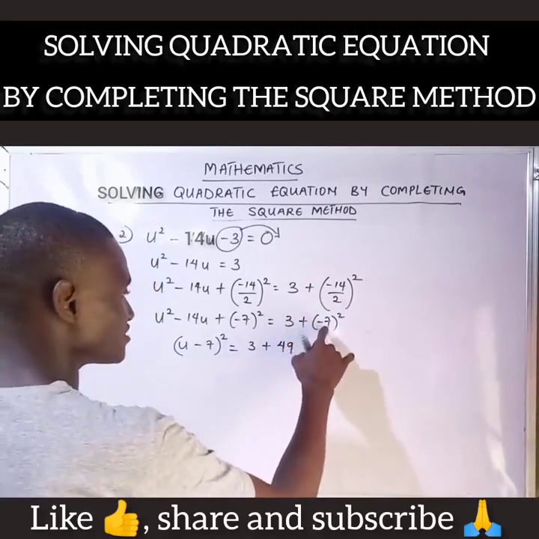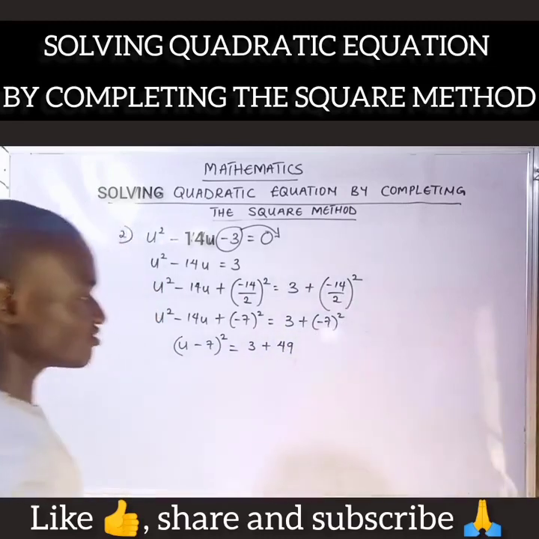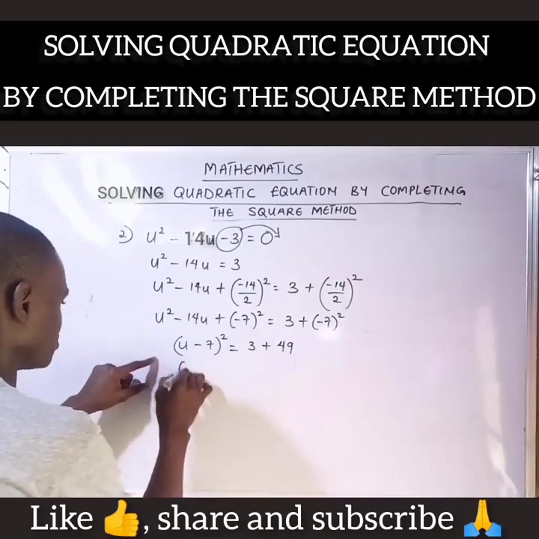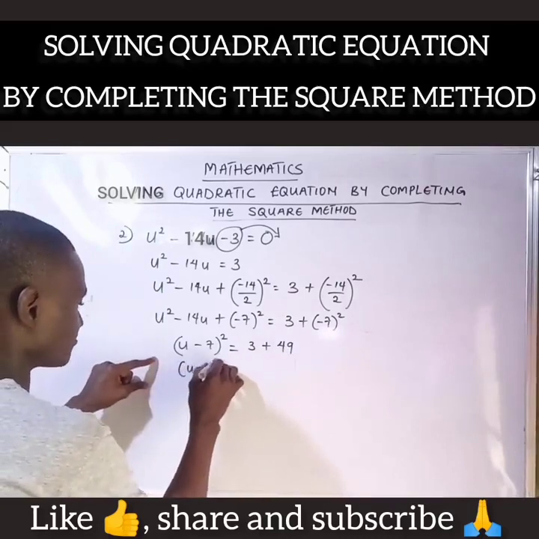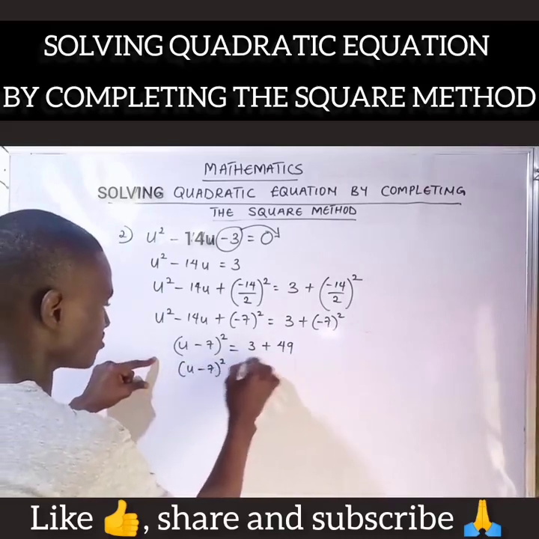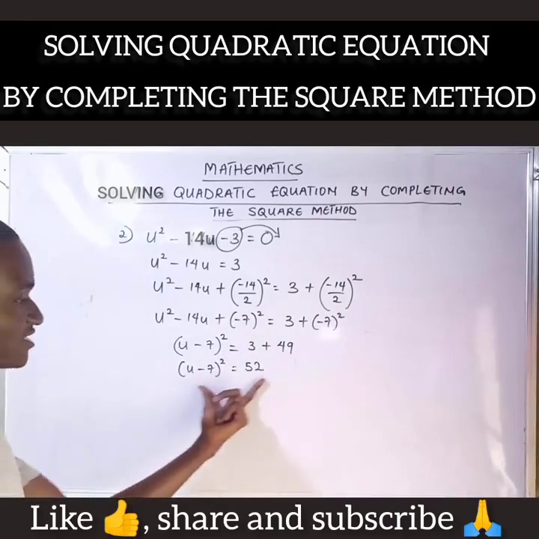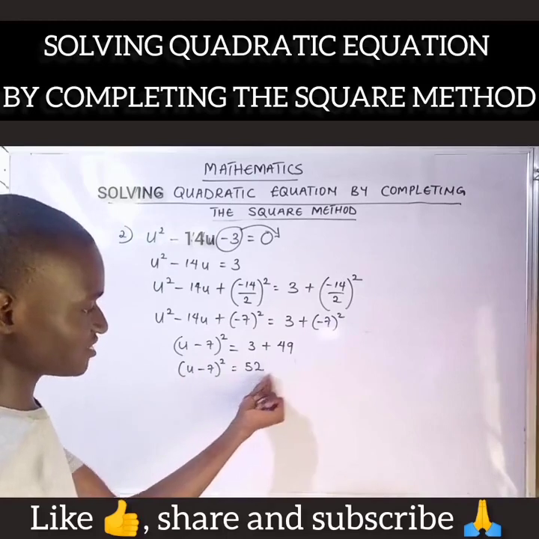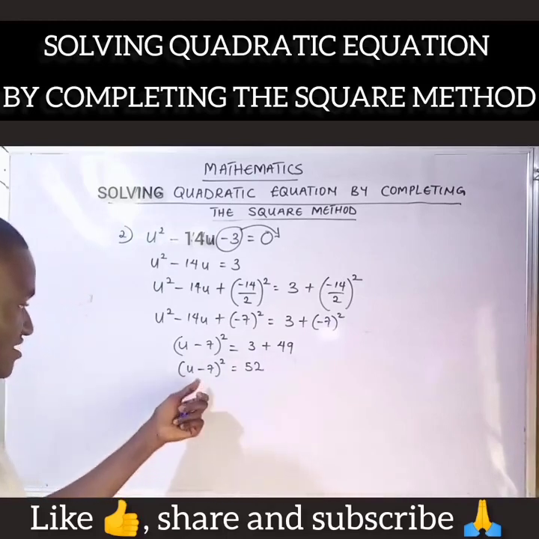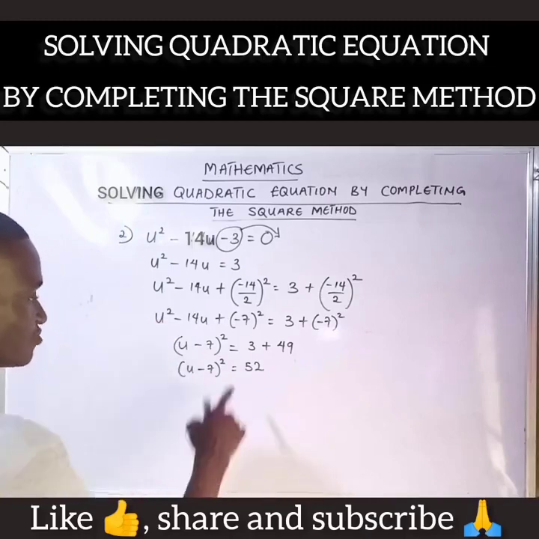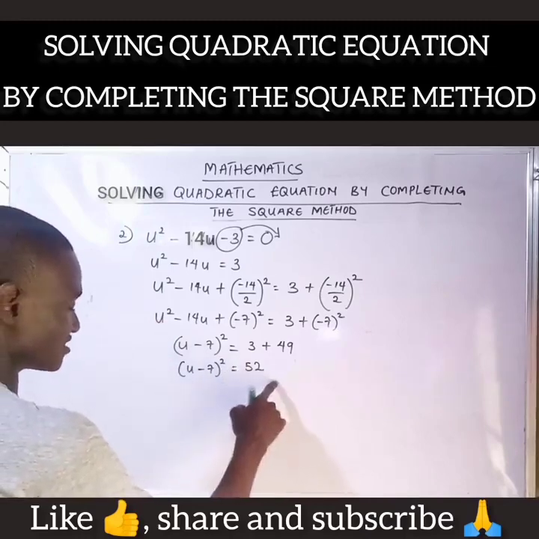Because minus 7 times minus 7 gives you plus 49. So I need to simplify this. u minus 7 to the power of 2 is equal to 52. So after getting to this level, once I've been able to get the right hand side, I am going to take the square root of both sides and not forget to put plus or minus to the right hand side.